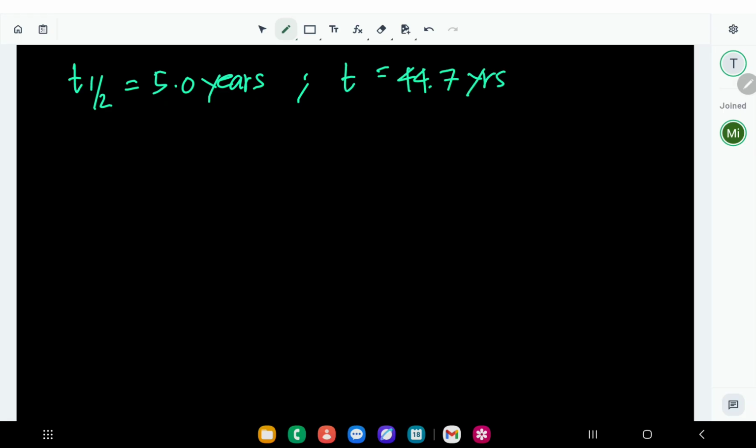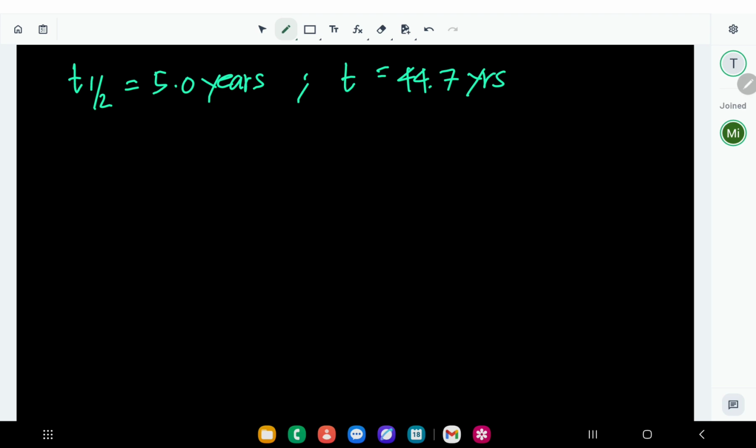It says what percent of a sample of a radioactive element whose half-life is 5 years will decay after 44.7 years. So we're given the time elapsed of 44.7 years.